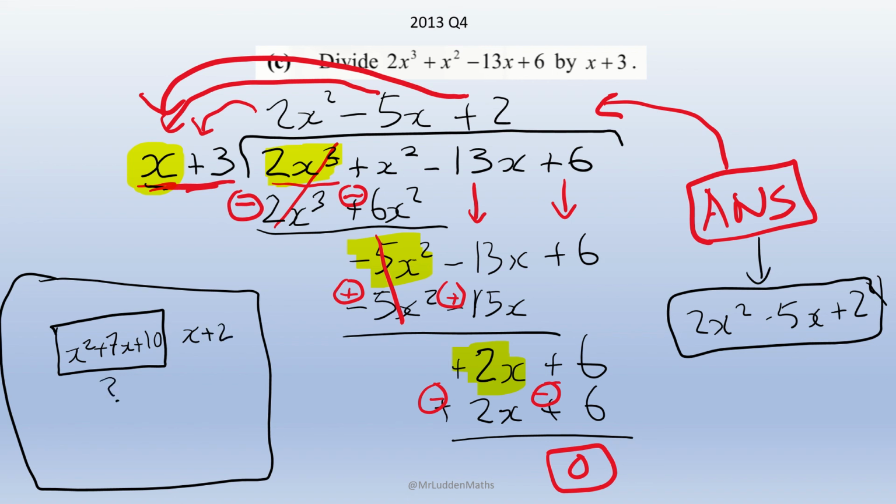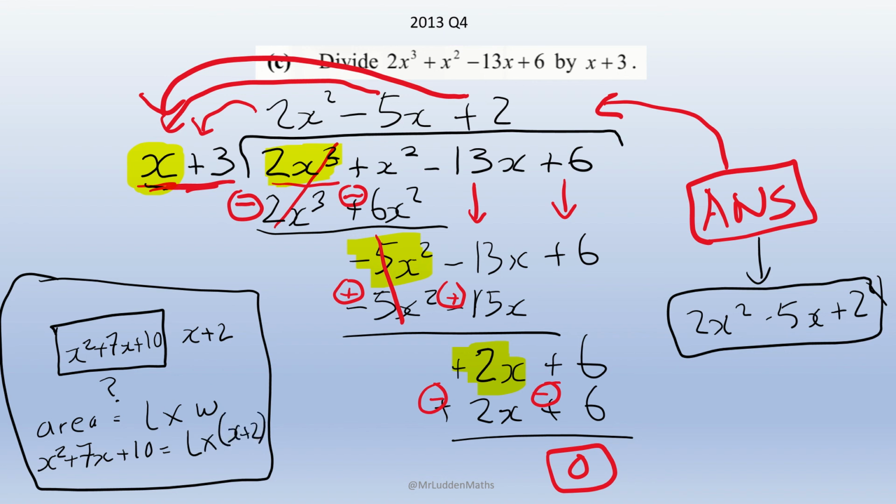You know that the area is equal to the length times the width. So you know that the area, x squared plus 7x plus 10, is going to be the length multiplied by the width, and now the width is x plus 2.